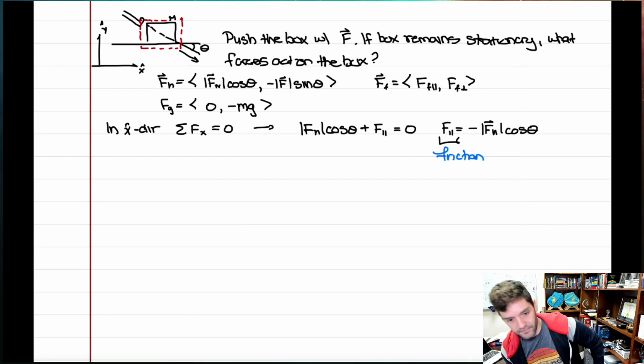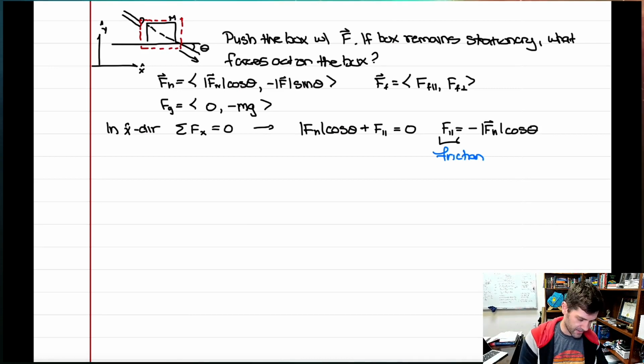If you have a surface that you are in contact with, there can be a perpendicular component, the component that points perpendicular away from the surface, called the normal force. And if there's a horizontal component, that is the friction component.